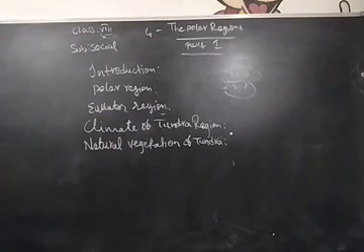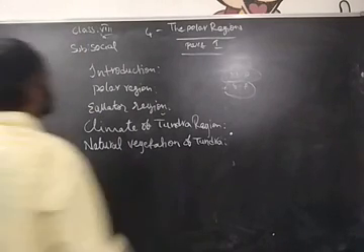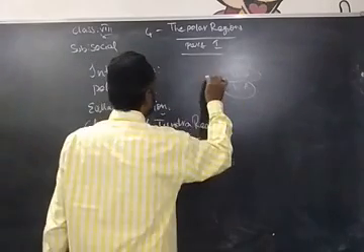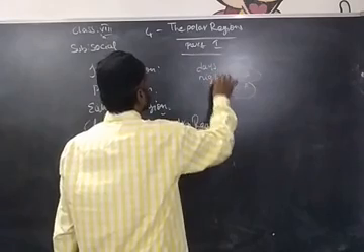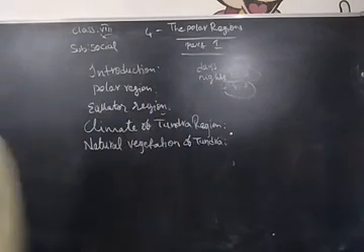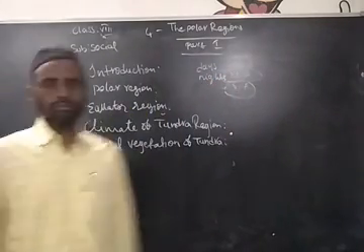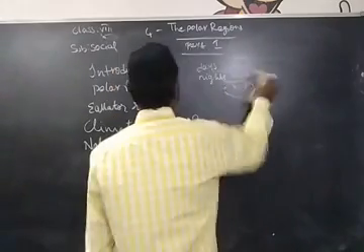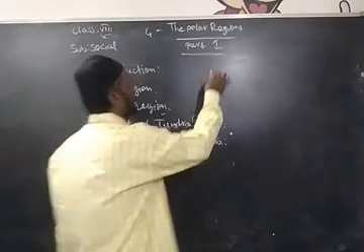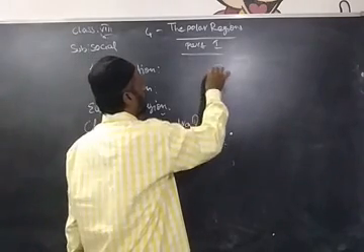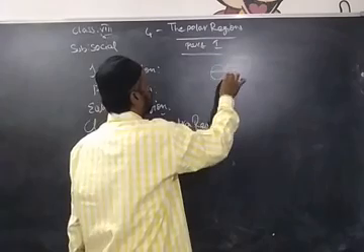The polar region has continuous nights and continuous days for many months. As you know, we get day and night regularly within one day, half day and half night.